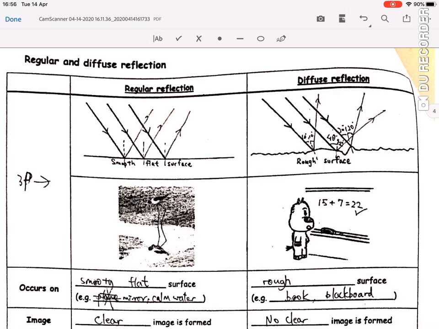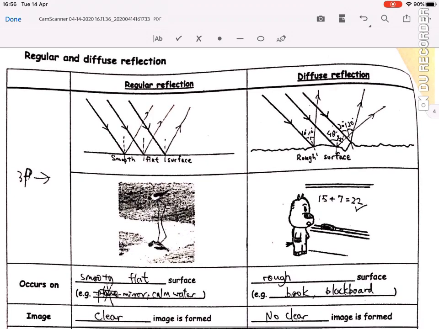The second one is 40 degrees, so 40 plus 40 is 80. So it will be 80 degrees going off a long way already. And next to that, there's 20 degrees, so 20 plus 20 is only 40. You see it's bouncing off in all different angles. That's why all of them will be different coming off of the diffuse reflection.